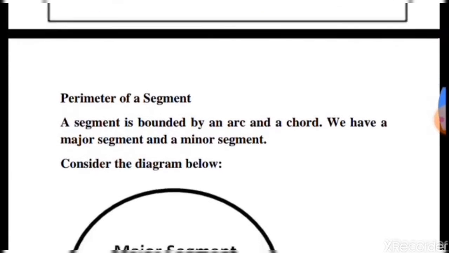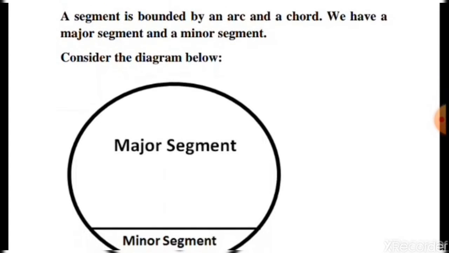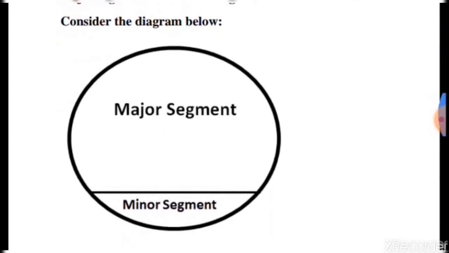Now let's consider the circle below. In this circle, we have a major segment, we have a minor segment. The major segment is separated from the minor segment by a straight line that divides that circle into two unequal parts, and that straight line is called a chord.